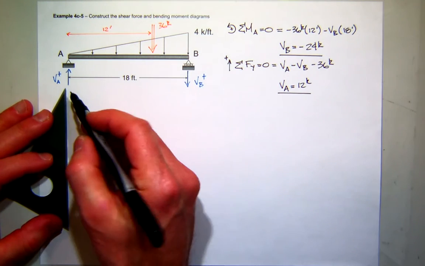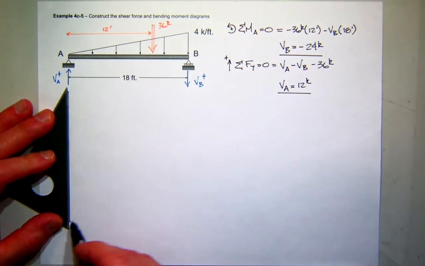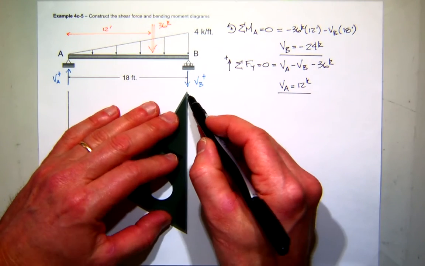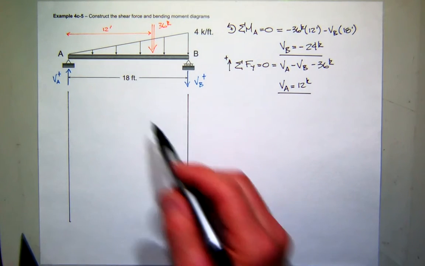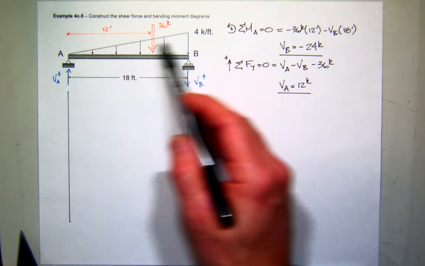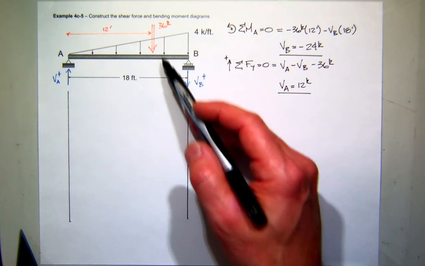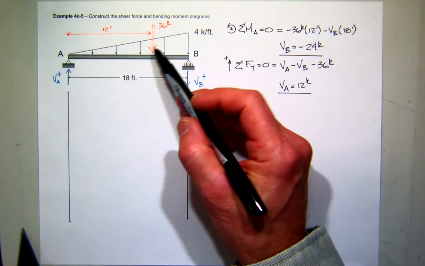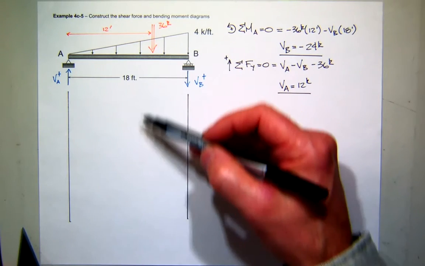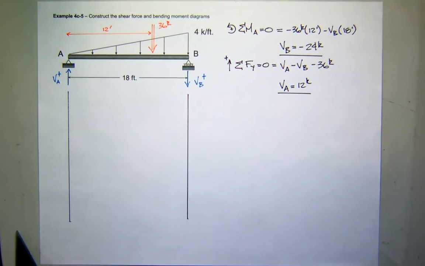So now let's come over here and draw a template for our left and right edges. And you'll notice, since the load is continuous, there's not really any points that seem like I know what's happening. So I'm not sure if I have any other points of interest in the graph just yet.